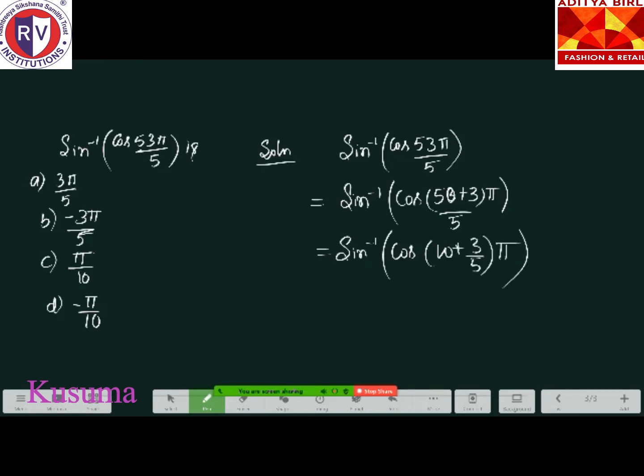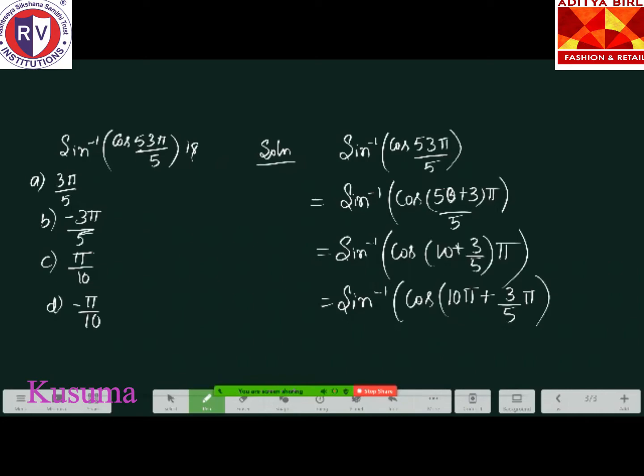Okay, this is of the form cos of 10 plus 3 by 5 pi. I'll take this pi inside. See, this is of the form cos of 2n pi plus theta, isn't it?